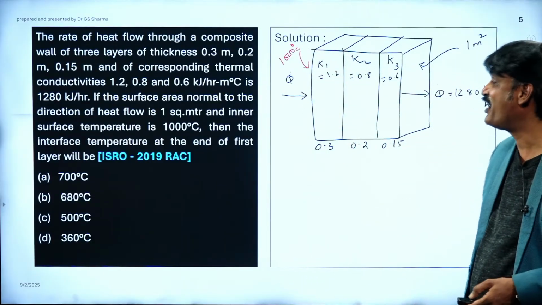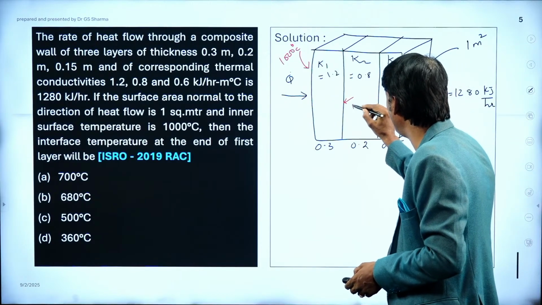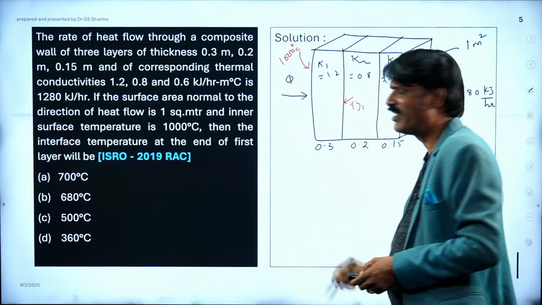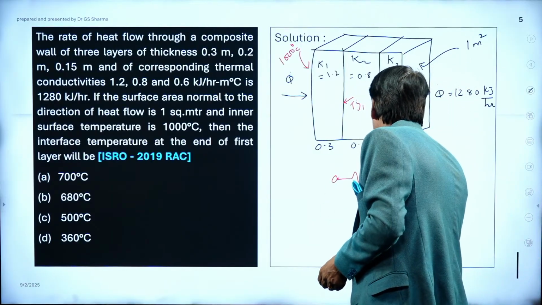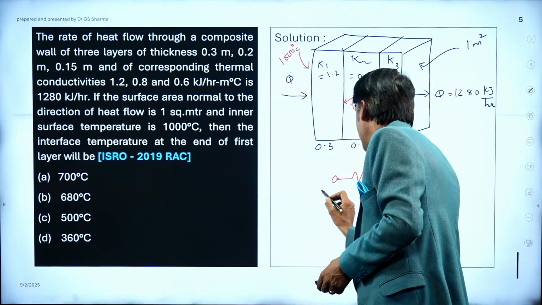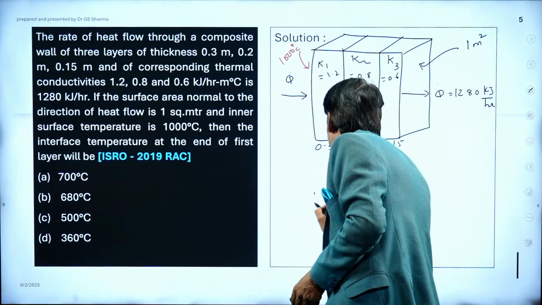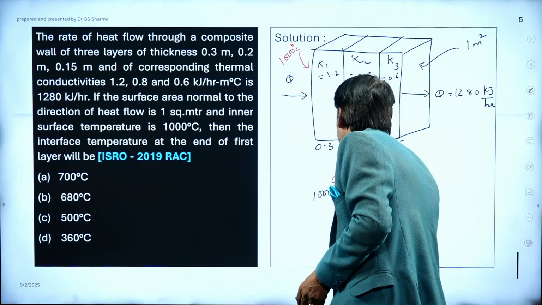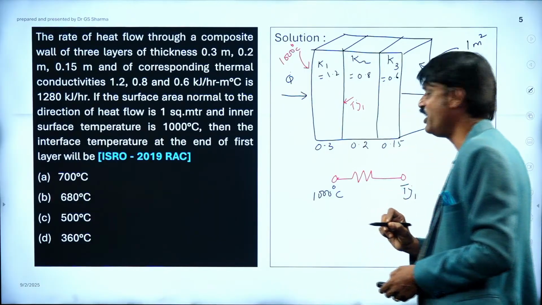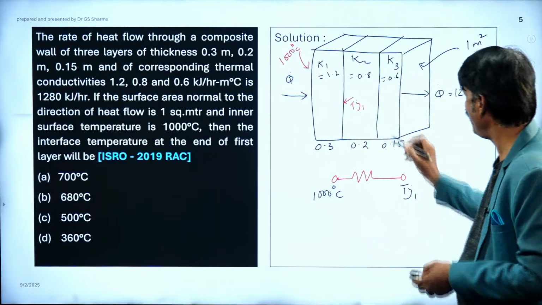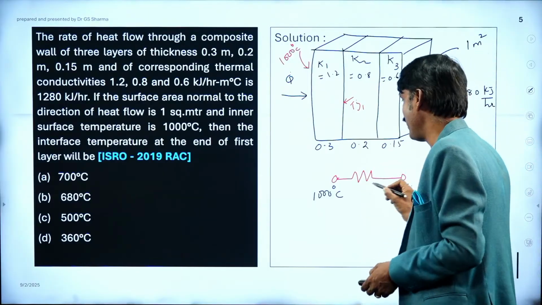Then for the interface temperature at the end of the first layer, he is asking for the junction temperature Tj1. So it is a simple circuit. This is 1000 degrees centigrade, and this is Tj1, the junction temperature at the first interface, because there are 2 junction temperatures. I am not taking the remaining 2 resistors.